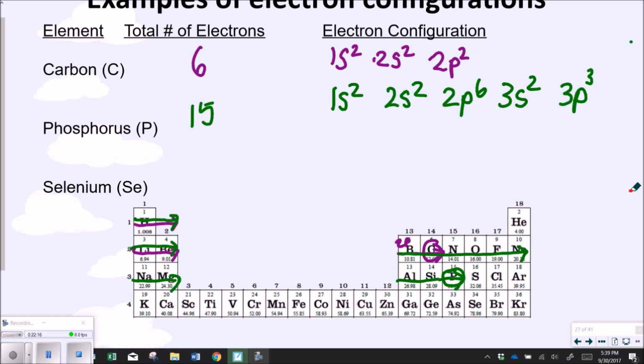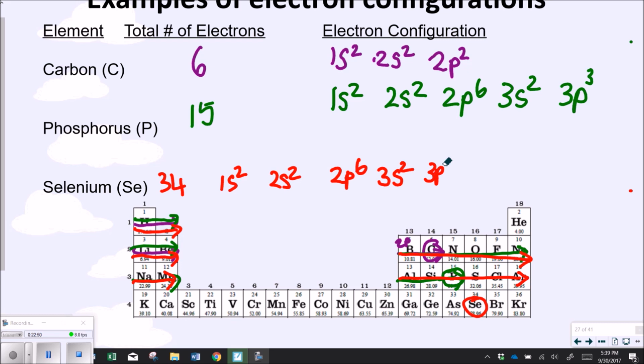Now let's do selenium. It's over here at number 34. 1s2, 2s2, I continue, 2p6, 3s2, 3p6, 4s2, and then I get to d.